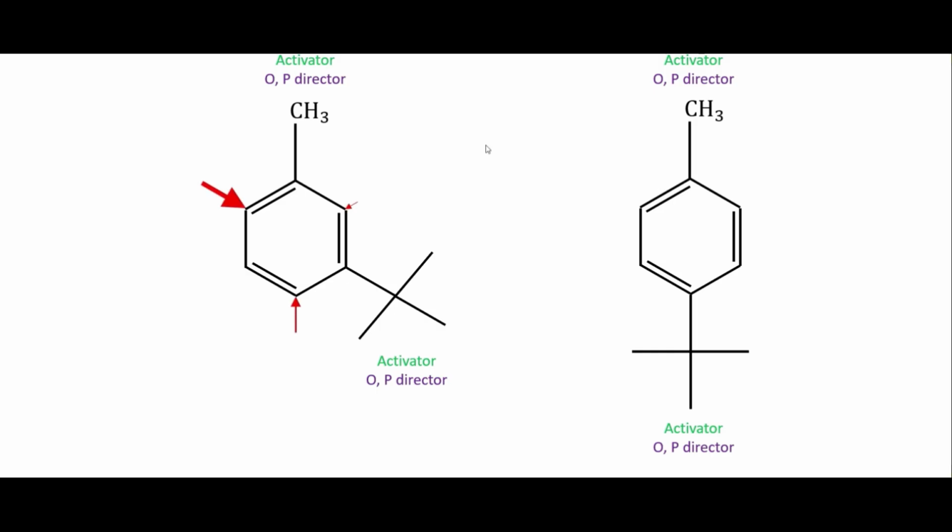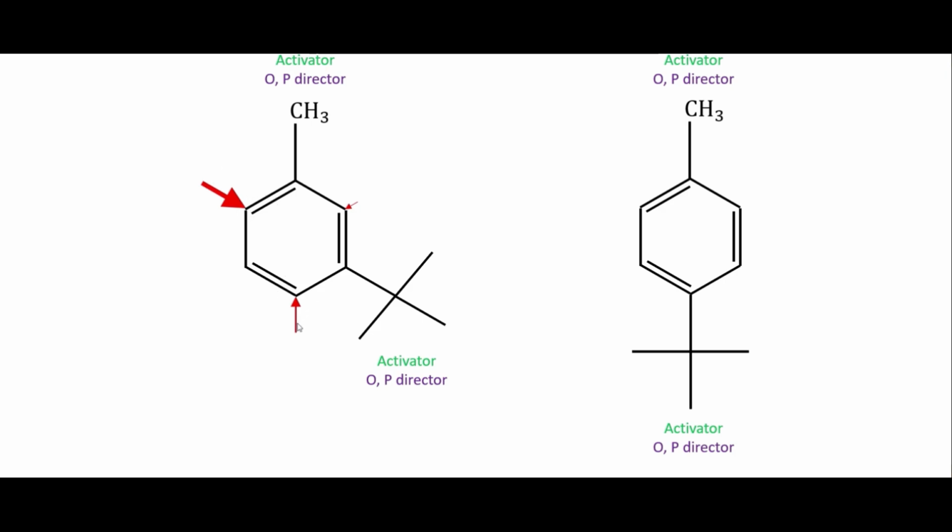So we're going to get mostly reactions at this carbon right here on this one, because it is para to this ortho-para director, and it is also not next to this large group right here. We see this carbon and this carbon are both close to this large group, so they are sterically hindered from getting at those carbons. So this is going to be the carbon where most of the reactions occur.